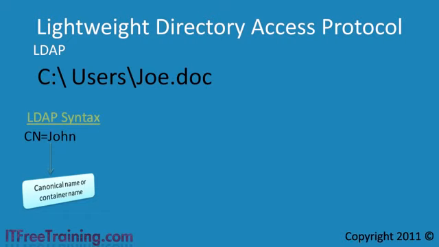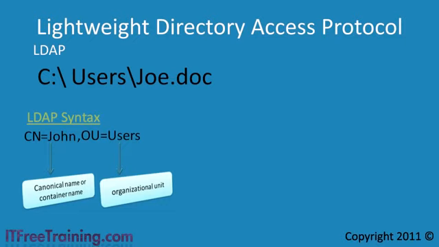Let's say the object John is located in an organizational unit called users. If you are confused, think of organizational unit, or OU, as a folder inside Active Directory. To access this OU, add OU=users.